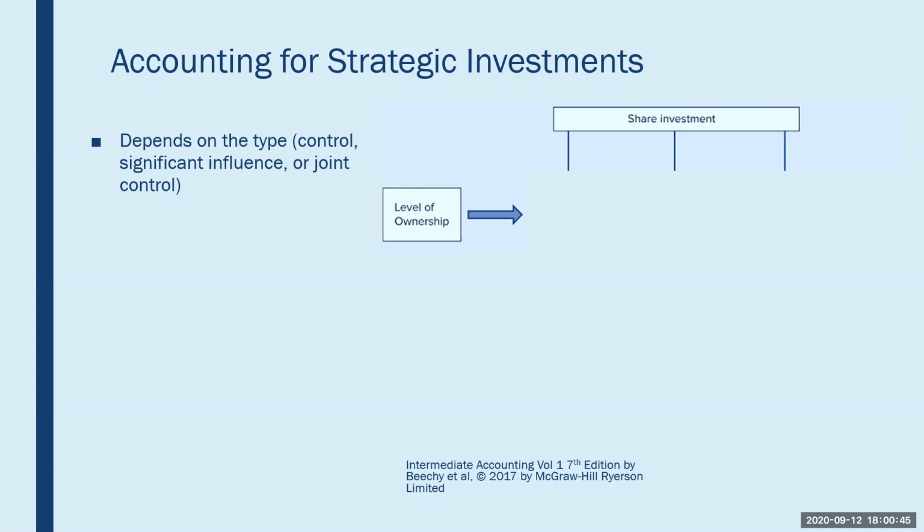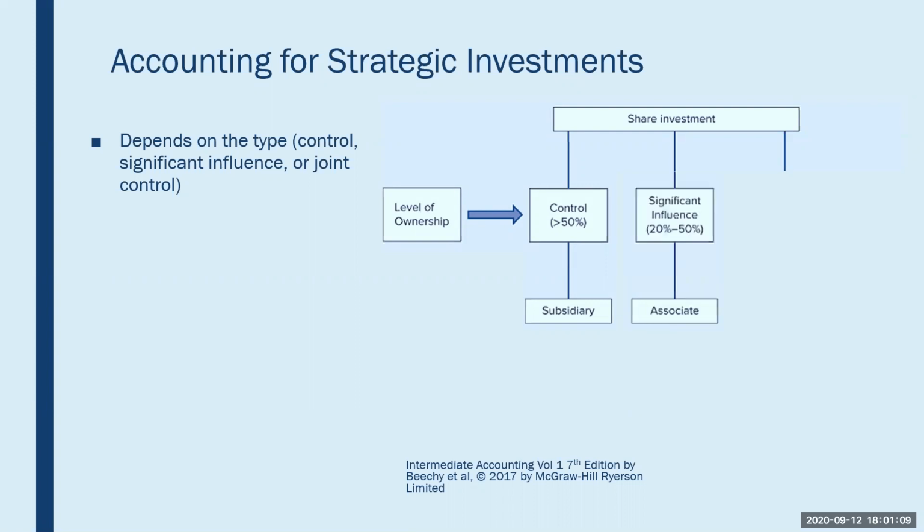So starting with control, if the investor owns more than 50% of the voting shares of the investee company, then the investor assumes the role of a parent and the investee company becomes a subsidiary.